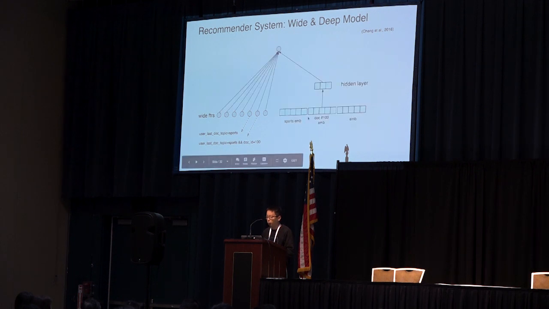And here is where the deep part comes from. For the entities, you can simply concatenate all the entities into one long vector and then apply a hidden layer and then contribute to the final score. So everything is trained together.